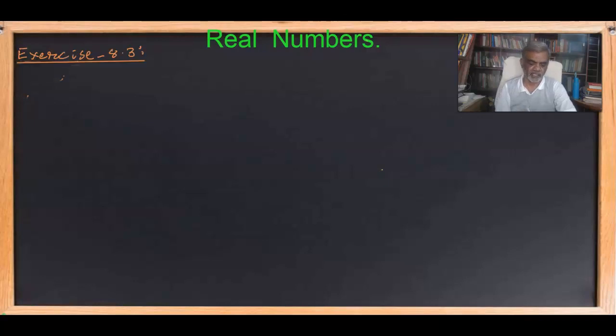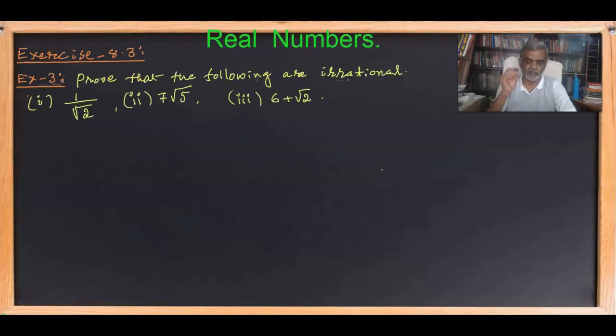Exercise 8.3, example 3. Prove that the following are irrational: first, 1 by root 2; second, 7 into root 5; third, 6 plus root 2. The examples of the second and third type we have already solved and proved that they are irrational numbers.